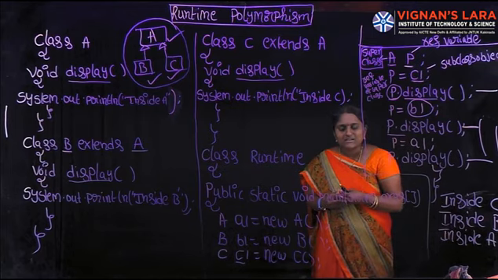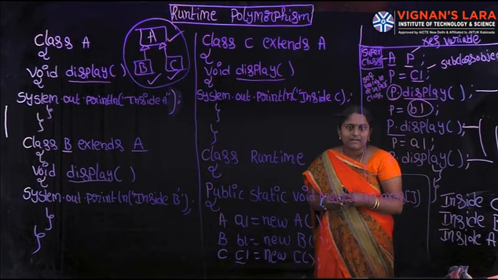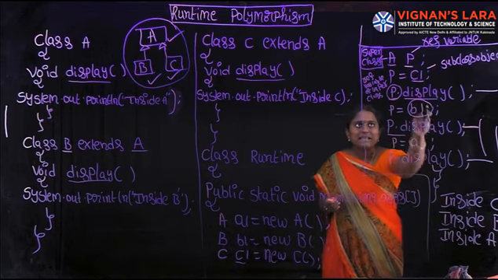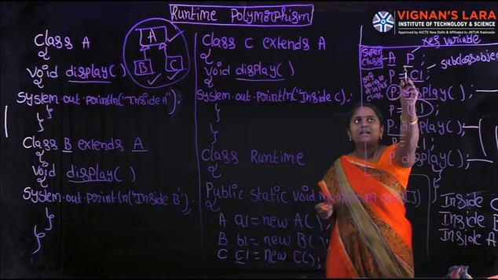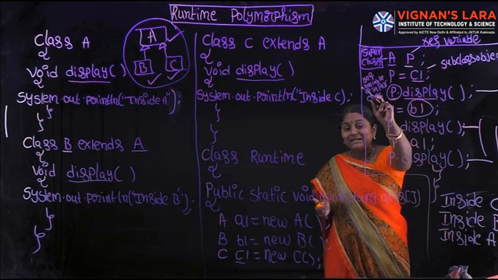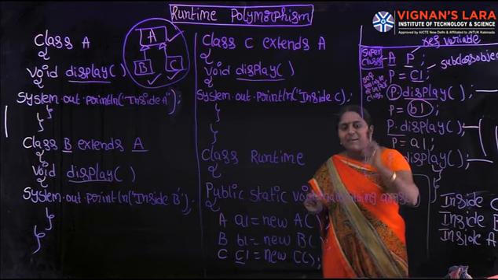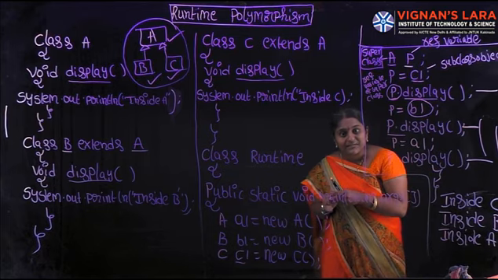It is a process in which a call to an overridden method is resolved at runtime rather than compile time. Here the problem is resolved at runtime. So in this process we can create a reference of the superclass. But at the time of compilation, the compiler will always concentrate on the reference type.